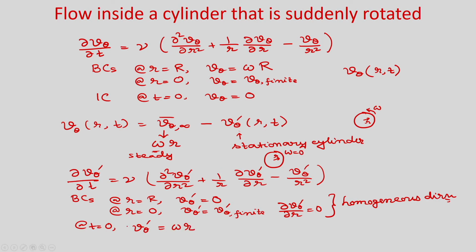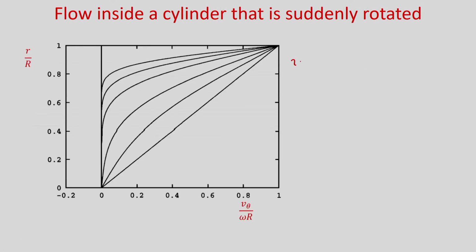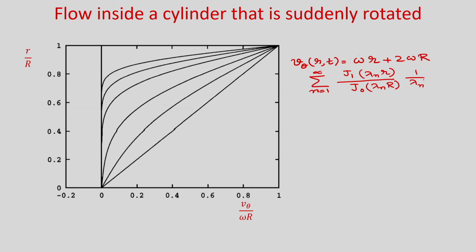So if you solve this problem, finally you will get the velocity profile as v theta(r, t) is equal to omega r, which is the solution from the steady problem where the cylinder is rotating with constant velocity omega, plus 2 omega r summation n is equal to 1 to infinity J1(lambda n r) divided by J0(lambda n R), and you will get 1 by lambda n R, e to the power minus nu lambda n square t.